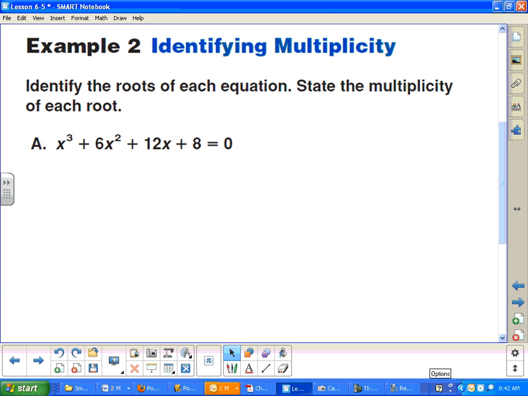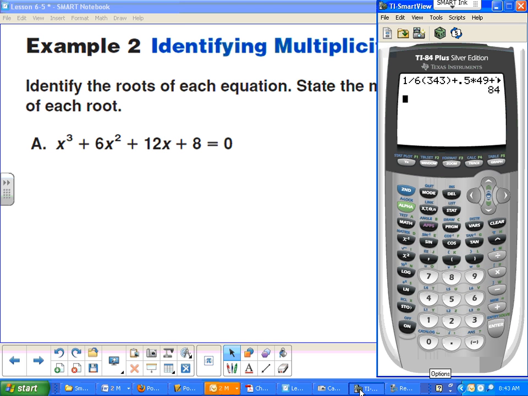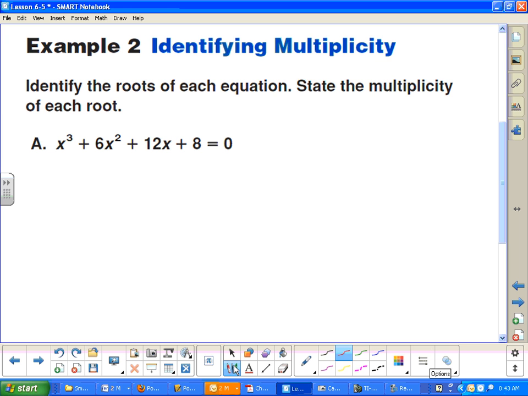No. Okay, so I can't factor it by grouping. So we're going to use our wonderful calculator, and we're going to graph this function. So if you can't factor, then graph.